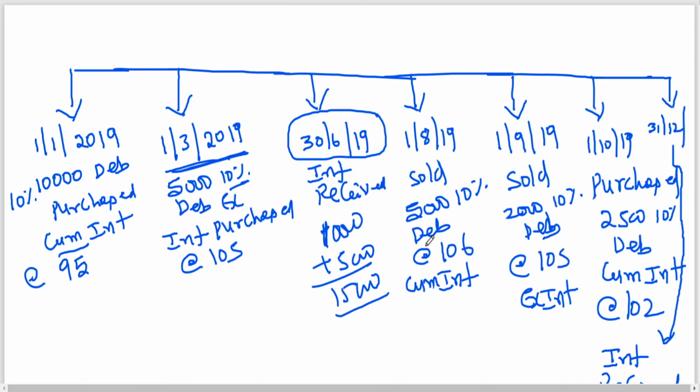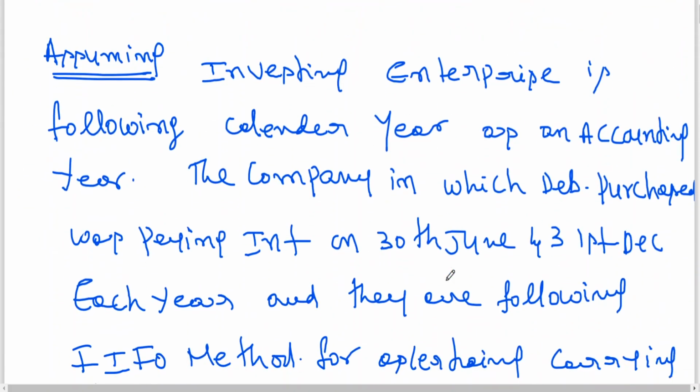Sold 5,000 debentures. When you are selling, you may be getting profit or loss, no? Sold 5,000 debentures, 10%, at the rate of 106 cum interest.